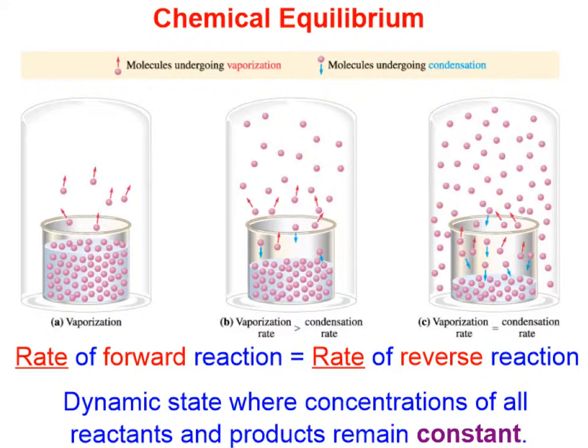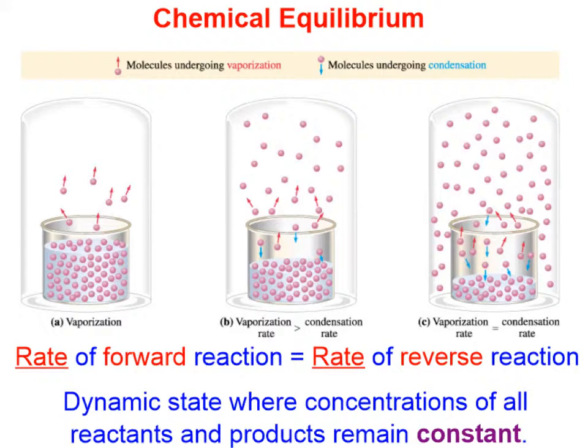And at a certain point, a little while later, the vaporization rate is still greater. See, more of them are going this direction than the condensation rate. It's only a few going that direction, the reverse reaction. But after a certain period of time, we are going to get the rate of molecules vaporizing being equal to the rate of molecules condensing.